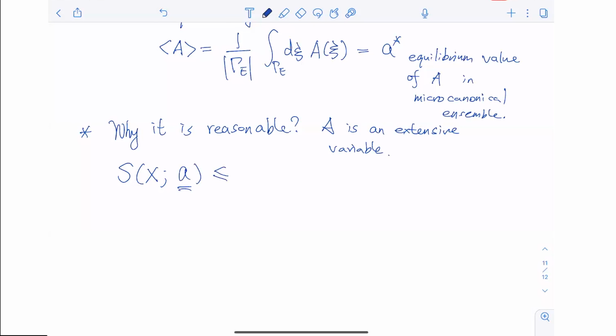So we know that if it is in equilibrium, this relation should hold, because the equilibrium configuration should have the maximized entropy.